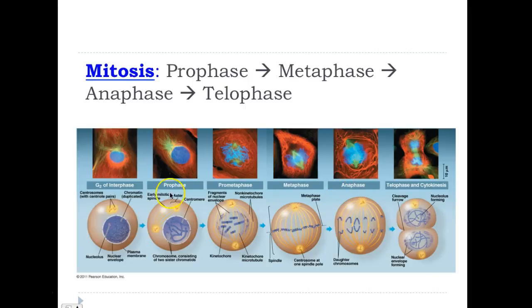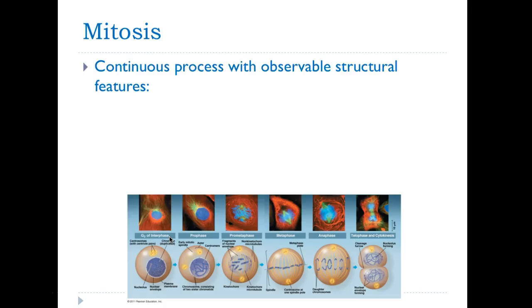If you study a college genetics class, prophase is actually divided into about five additionally named stages. So mitosis is a continuous process with observable structural features. You're going to look at the chromosomes, because the chromosomes are what enable you to identify what stage the cell is in.